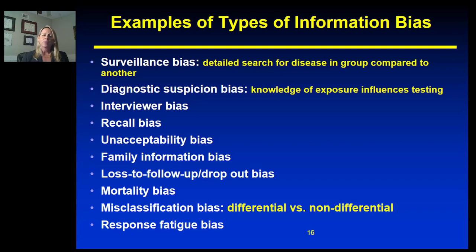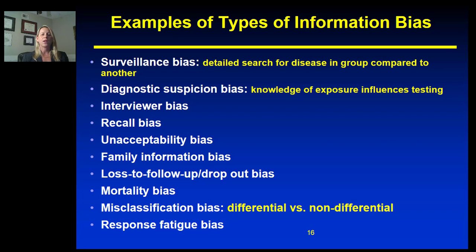This is a bias that happens when members of a study are deceased, and so there are data being solicited from family members. And basically what happens is in the case of, say, a case control study where some of the cases have passed away, the family members of those cases are going to potentially provide more information or different kinds of information about their family members' past exposures before dying than a person would provide who's still living.